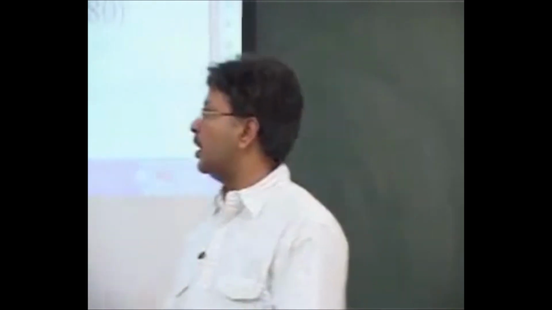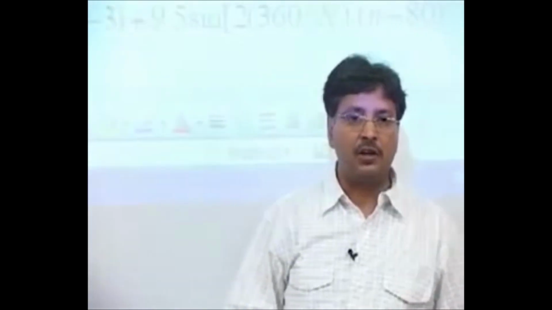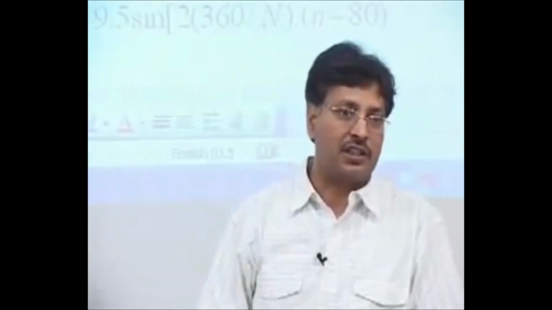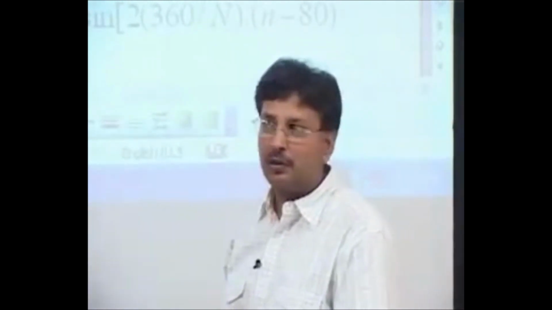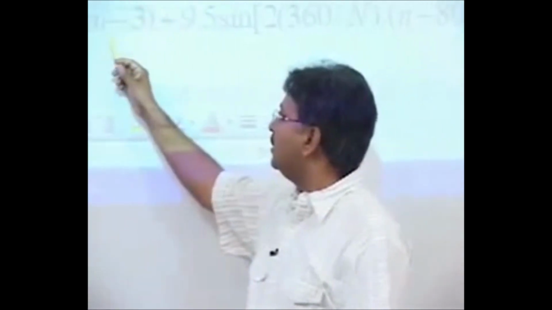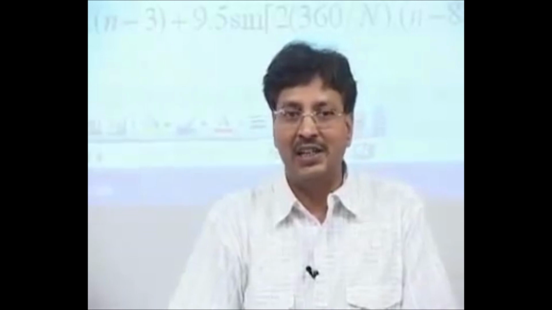Here the larger N is the number of days in the year. It could be 365 or 366, depending on which year you are talking about. And the small n, as you see here, is what we call the Julian day.